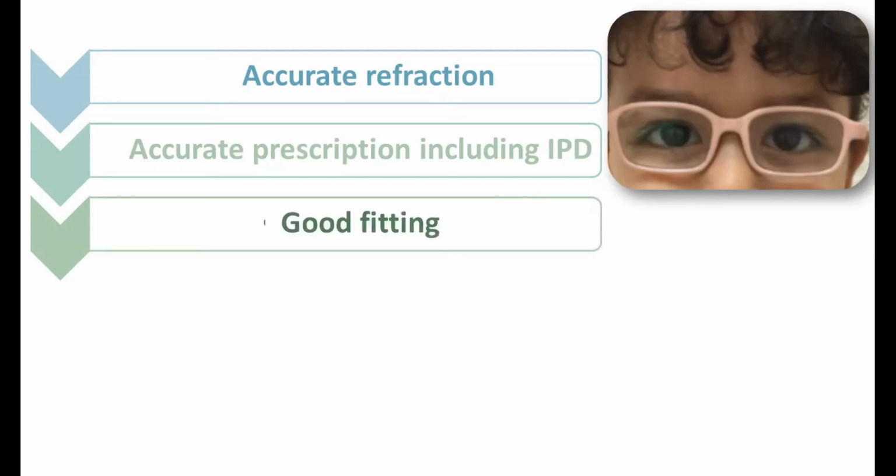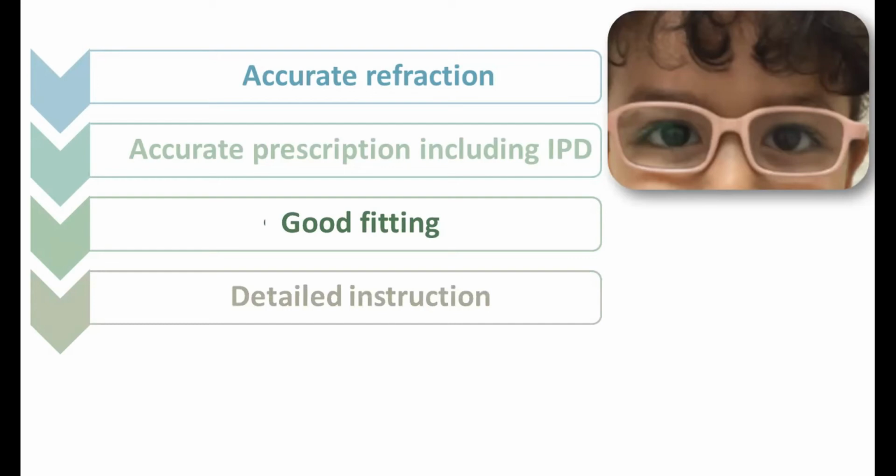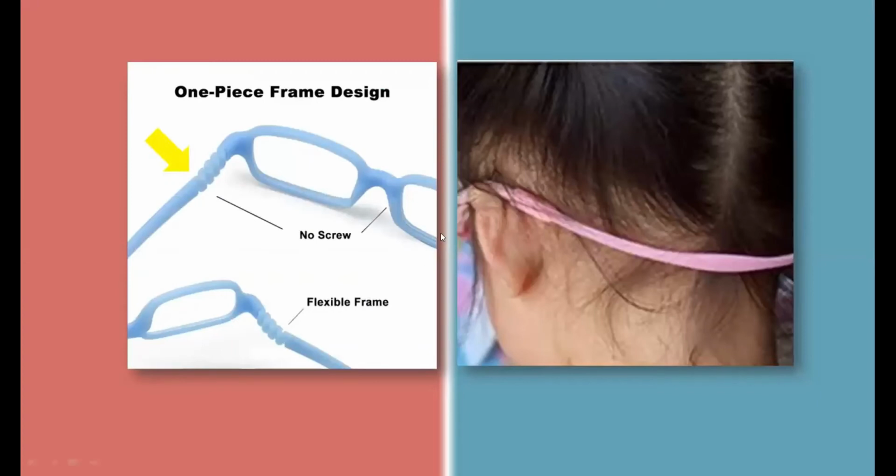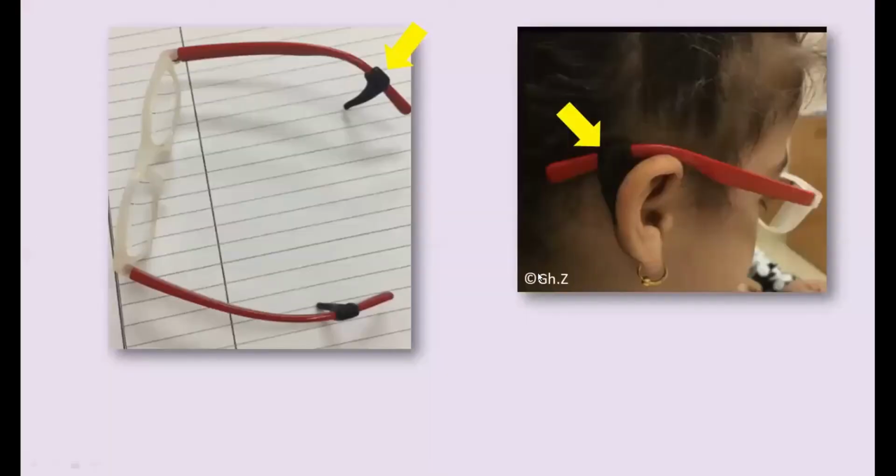And it's really important that the child chooses the proper frame. So we need good fitting to help in compliance, detailed instructions about cleaning and the full-time wear of spectacles, all these things, and follow up the patient. We have special friendly designs for children, like spring hinges and head straps to avoid slipping.